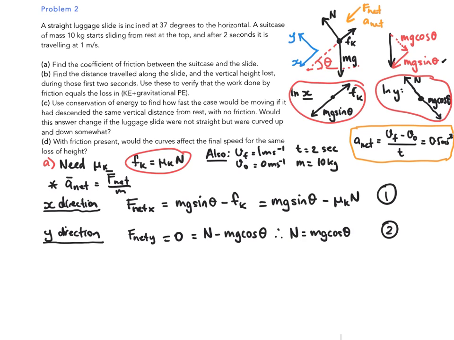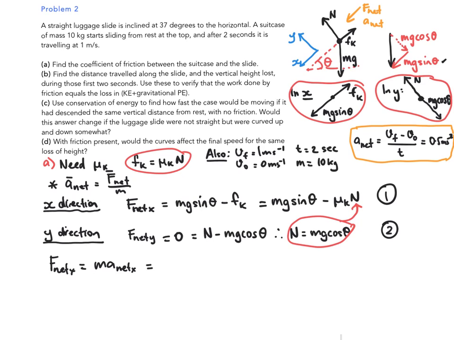So we've got a couple of equations there, and we can just plug 2 into 1. If we take this and put it into here, then we can start solving this thing. So let's plug 2 into 1. We get F net x, which equals m a net x, the acceleration in the x direction.